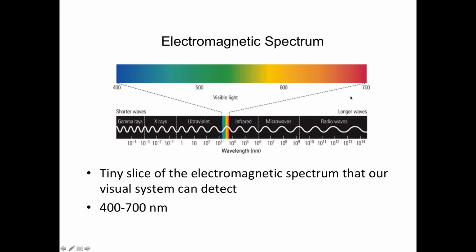Other animals have sensory receptors with different bands of energy. For example, a butterfly can see UV. So definitely remember that our range is 400 to 700 nanometers and which color is on each end of this band.